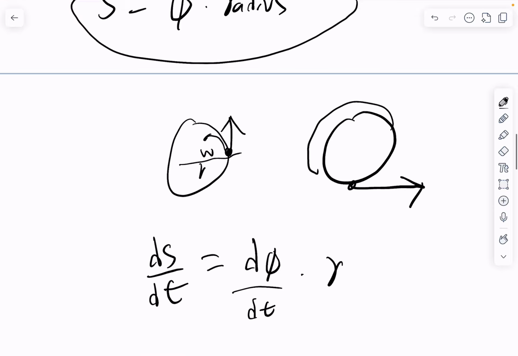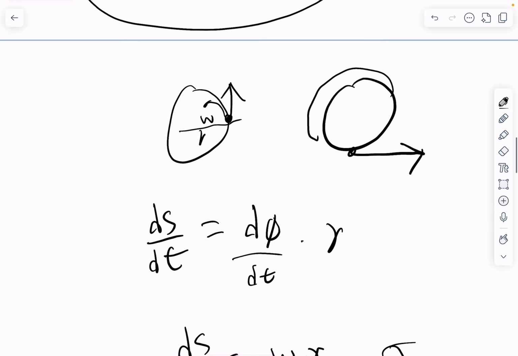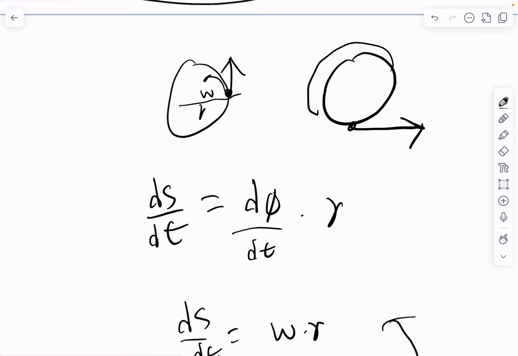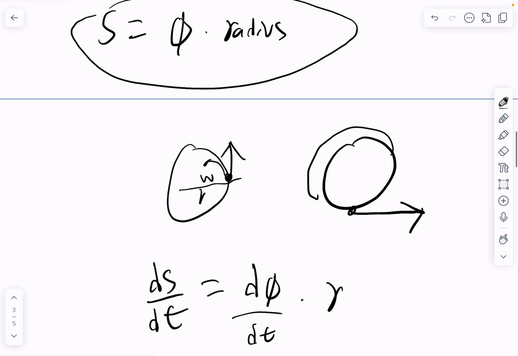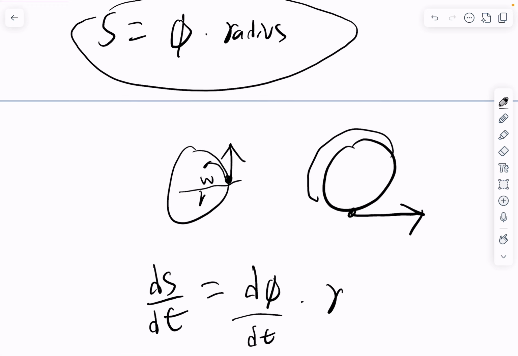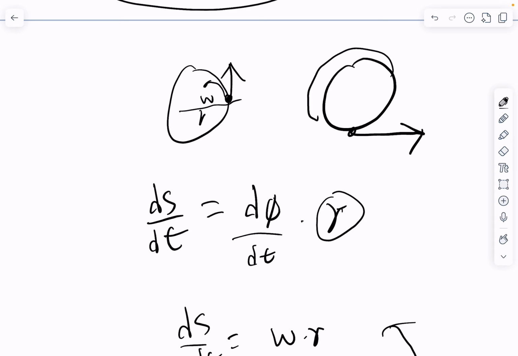So basically, this is based off the relationship that we know that ds/dt is basically velocity, because ds is the actual length, the arc length. That's how much is moving. So it's the velocity. And since the radius is always kept constant here, what's actually going to be changing is dφ/dt. It's going to be the main thing.